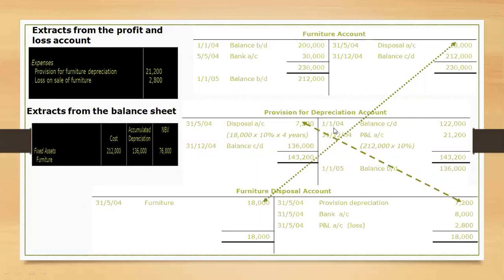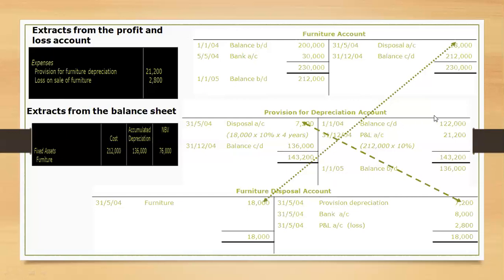Moving on, provision for depreciation account. We had practiced a lot in the previous session. Over here, what we are going to do, we are going to deduct the provision for the disposed of asset. For the asset which is going to be disposed of, definitely we need to deduct the provision from this account and we need to shift it to the account which is afterwards, the furniture disposal account, as you have seen.